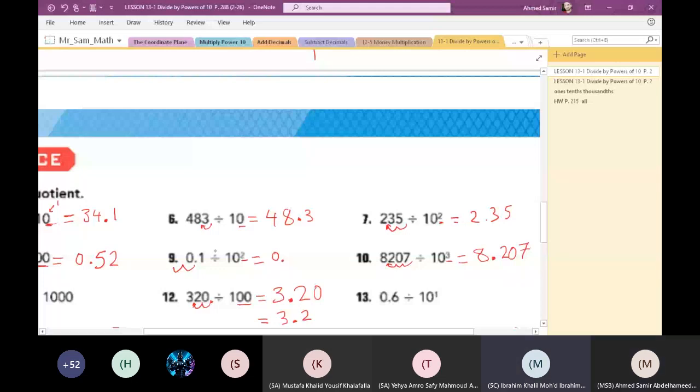Here. Then a decimal point. Then 1. What about this 0? And this one. We put 0 here and 0 here.